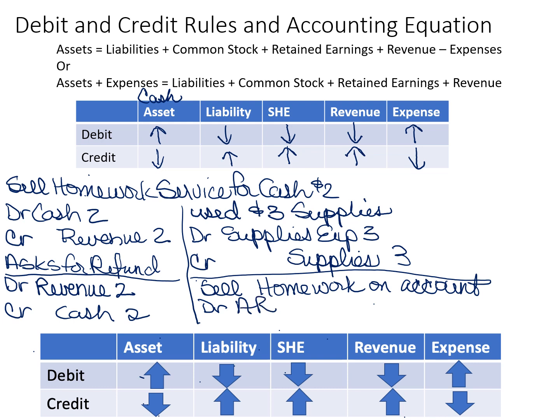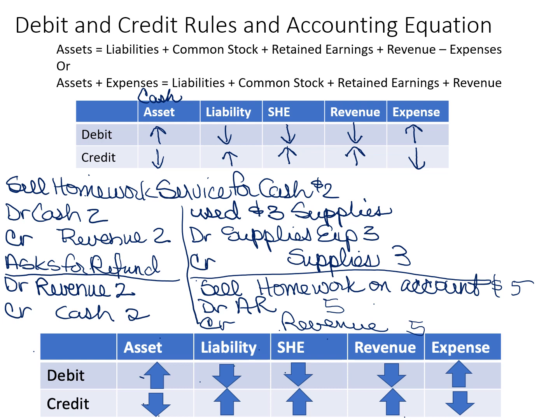So I'm going to debit accounts receivable, and I'm going to credit a revenue account, and I need an amount, let's say $5. So debit accounts receivable $5, credit revenue $5. So notice once again, debits increase the assets and credits increase the revenue.